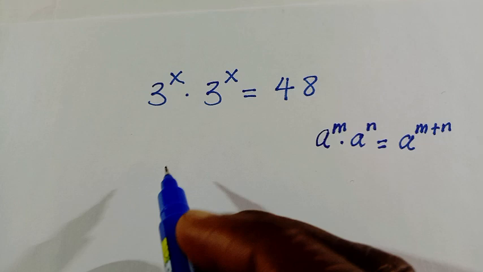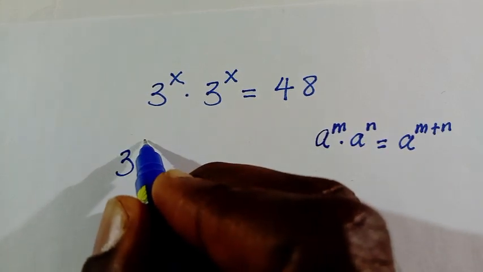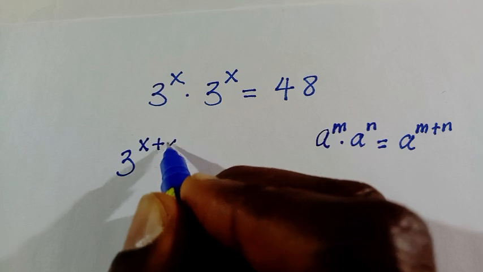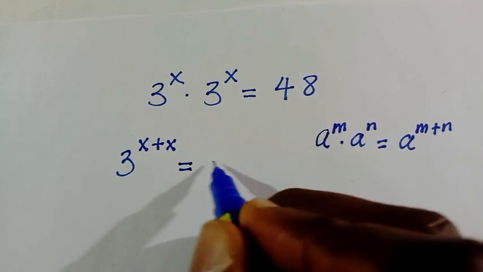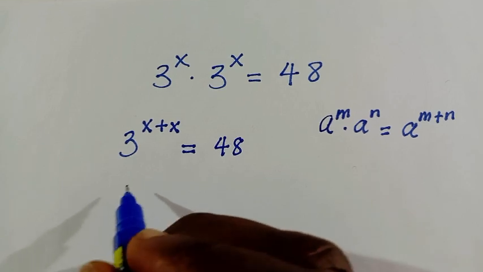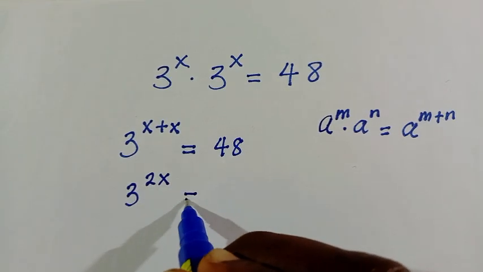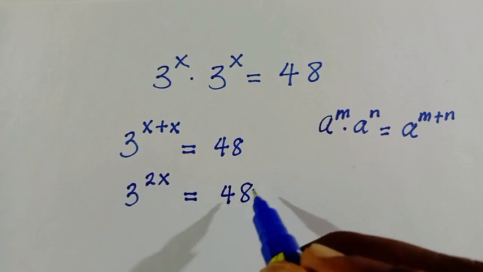From here, we have 3 raised to the power of x plus x equals 48, and then we have 3 raised to the power of 2x equals 48.